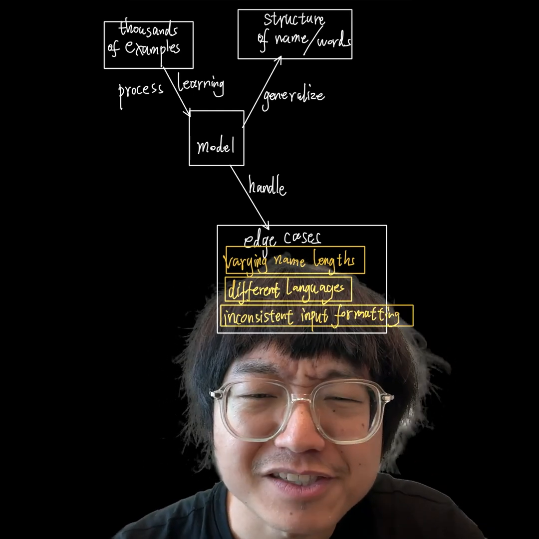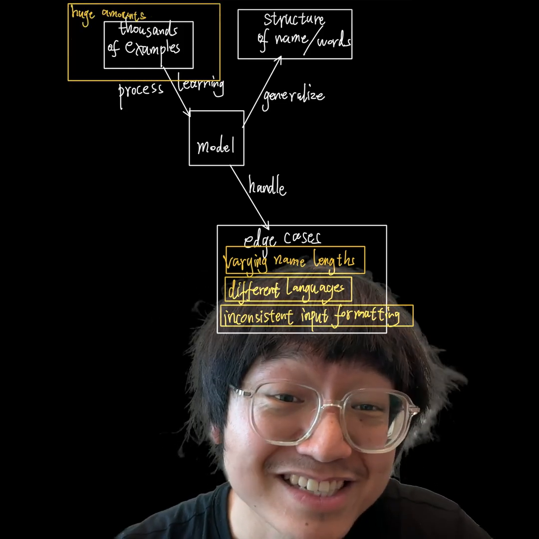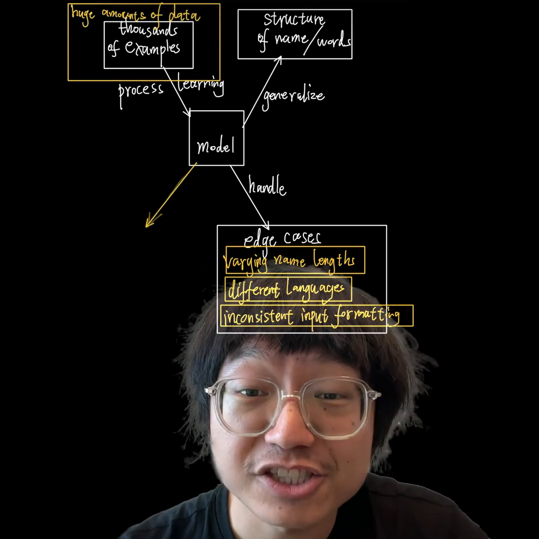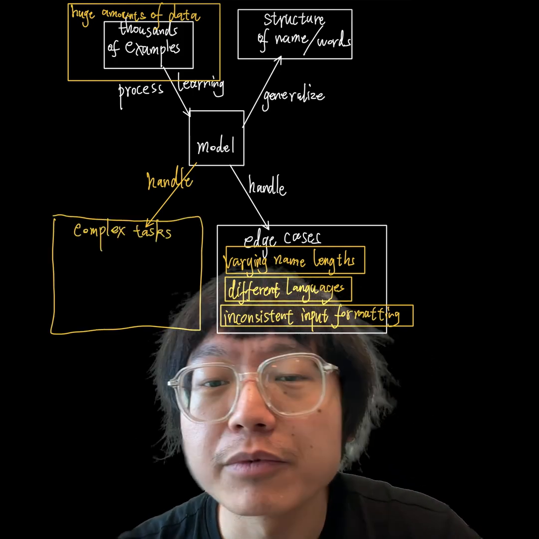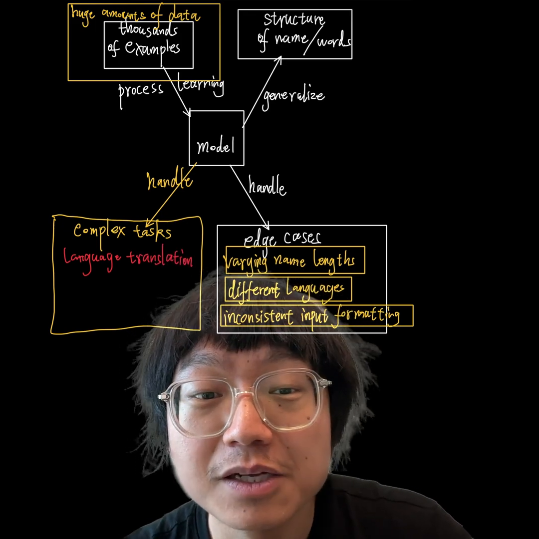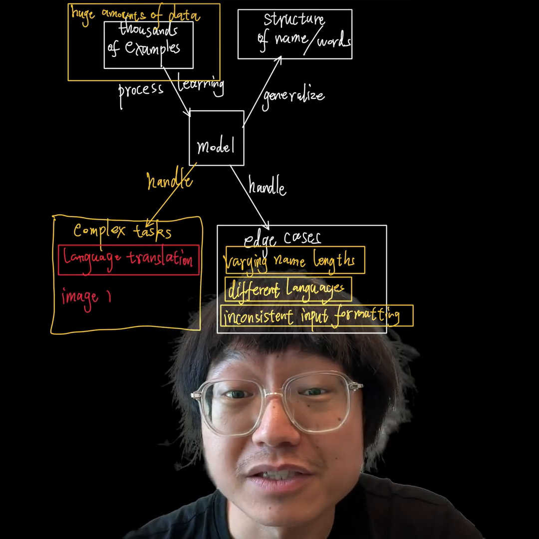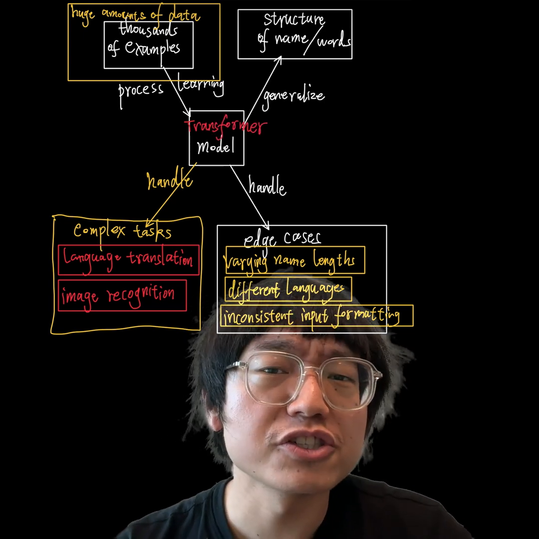Transformers are designed to handle very complicated tasks such as language translation or image recognition, so they benefit from huge amounts of data to capture intricate relationships. Using transformers for these simple tasks, however, would be inefficient.